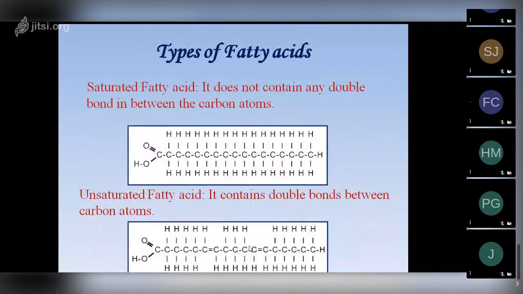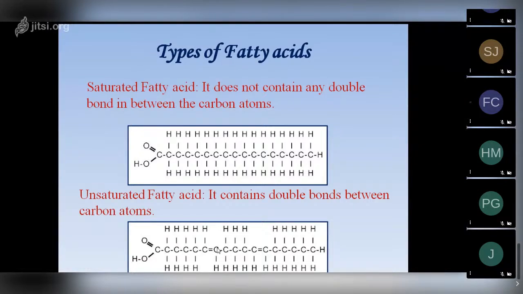So fatty acids, depending on the bond between carbon and carbon, can be differentiated into two categories. One is the saturated, the other one is the unsaturated fatty acid. In the saturated fatty acids, no double bonds are present between the carbon atoms.